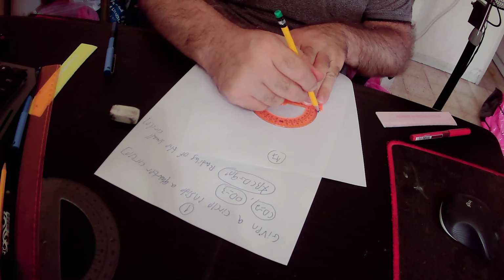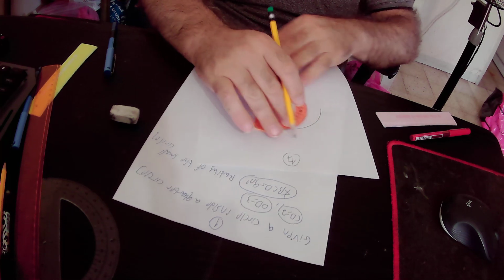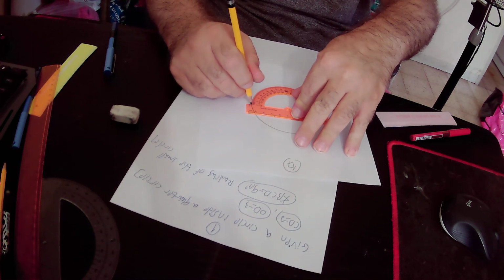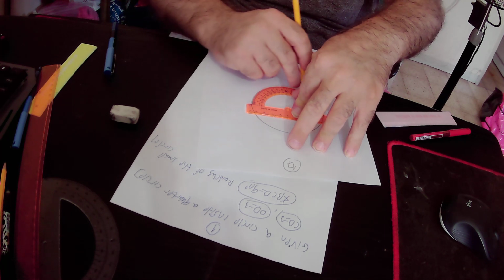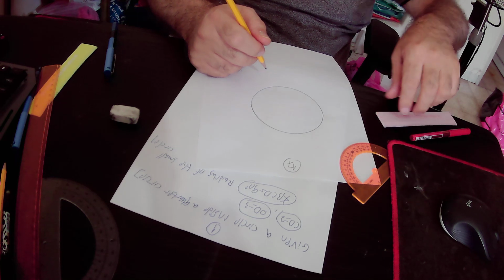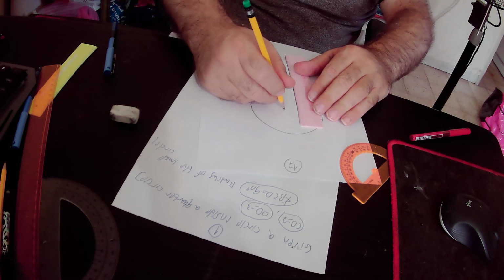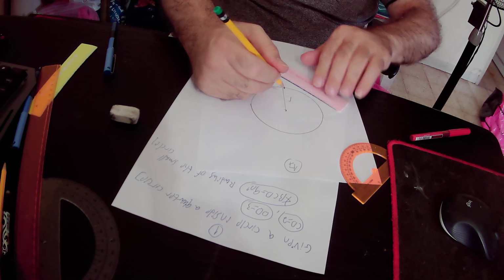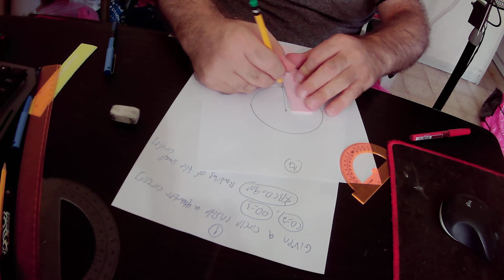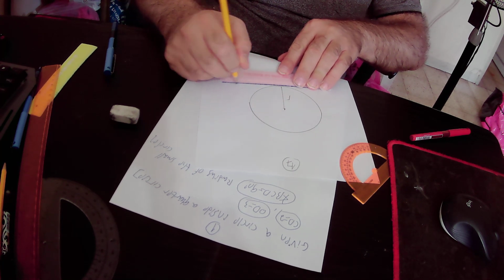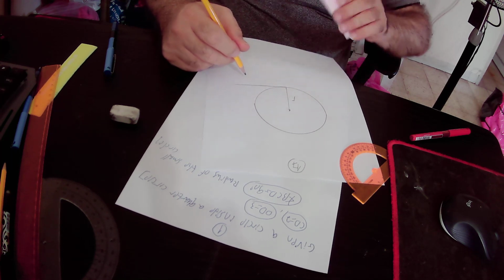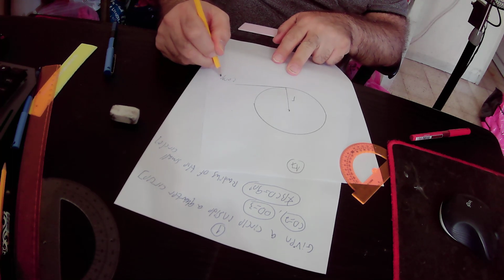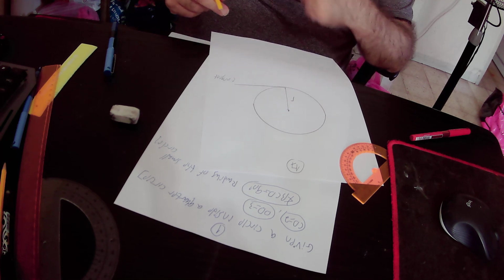If we have a circle and we have the radius, this is the radius, and we have the tangent to the radius, this is the tangent to the radius and this is the radius.